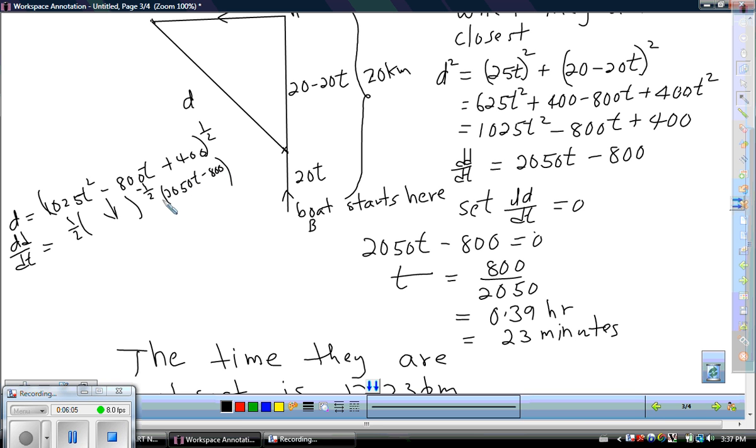Now I can put it at the bottom in my denominator. When I set it equal to 0, I just have 2050t minus 800 divided by this in my denominator. And when I have a rational function being 0, I just need to consider my numerator as being 0, which is why I could have just differentiated the square. Okay?